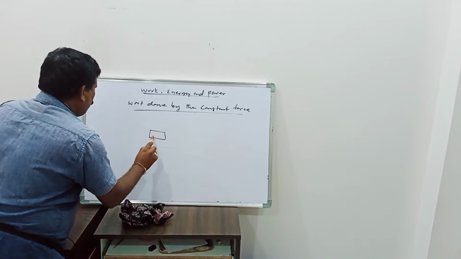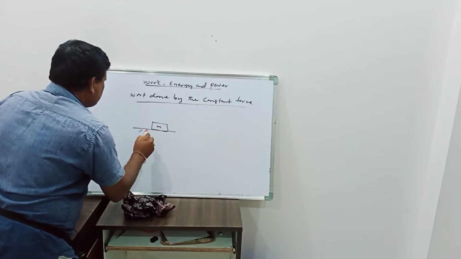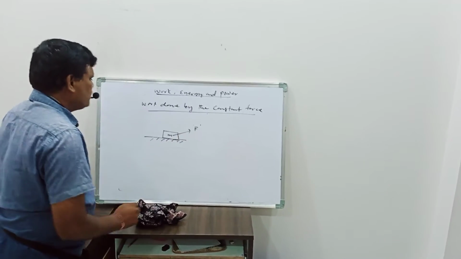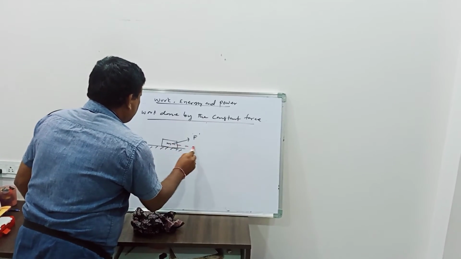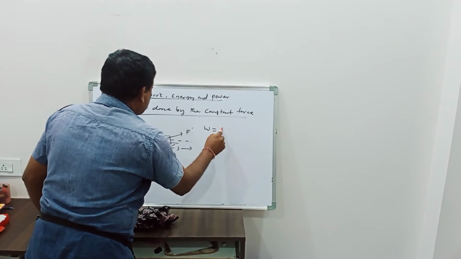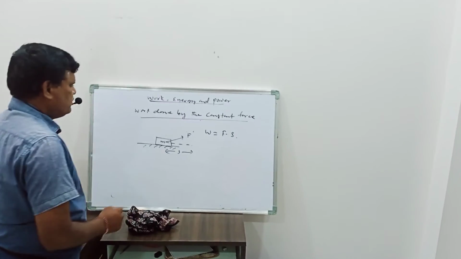Let us consider a block of mass m on the horizontal floor. We apply the force F constantly. The displacement of the block is constant. So work done by the constant force is F dot S.